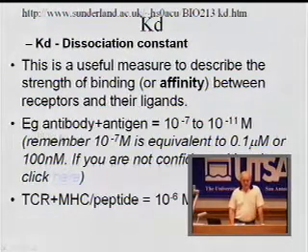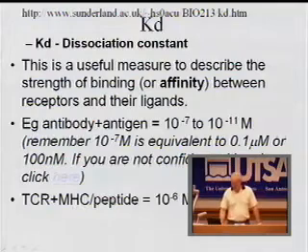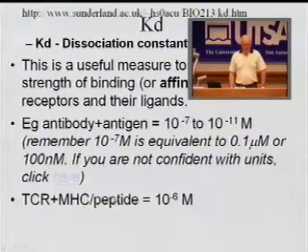There was this example of evaluating the affinity of an antibody and an antigen, or of a TCR, T-cell receptor, plus the major histocompatibility peptide. The KD for the antigen antibody was 10 to the minus 7 to 10 to the minus 11, and for the T-cell receptor MHC peptide, it was 10 to the minus 6.